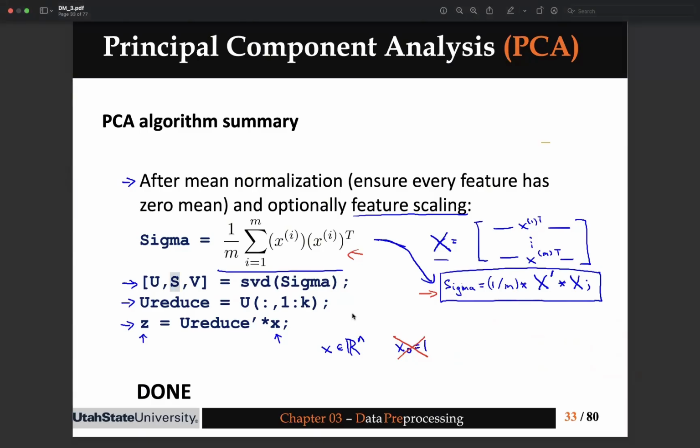All right, so now once we have that, the reduced data set, or U reduce, that I also described as being the Z in the previous slide, will be nothing but only the first K components, right? Because I want only a few components from my U matrix.